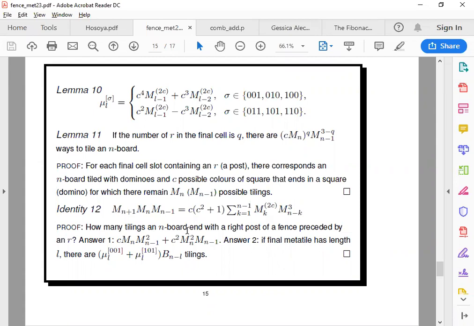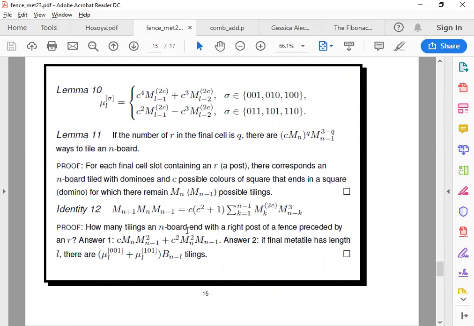So we could either have that second slot filled with half a fence, the post, which will give us a factor of C from the R, and then this thing squared, because we're going to have two dominoes and one square in the bijective tiling, or we're going to have two R's, which gives us this, and one F. And if we use this expression here and add things, then we end up with this result here.